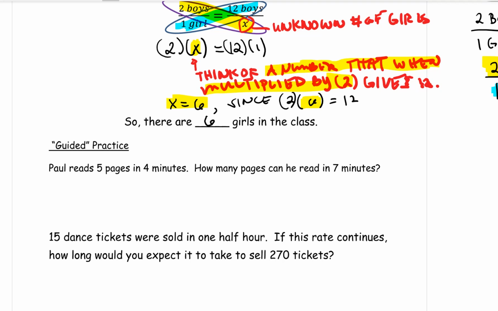So again, here we're given the ratio of 5 pages in 4 minutes. So what we can do is write that ratio, that Paul can read 5 pages in every 4 minutes.